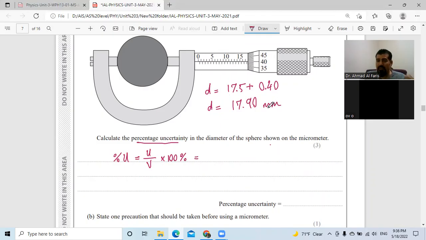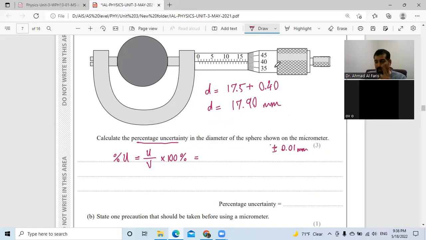What's the smallest reading of the micrometer? It's 0.01 millimeter. So this is the smallest resolution. I will divide by 2. I told you it's plus minus half this value. Why? Because I don't have, like a meter rule, zero error on both sides, or half resolution on both sides.